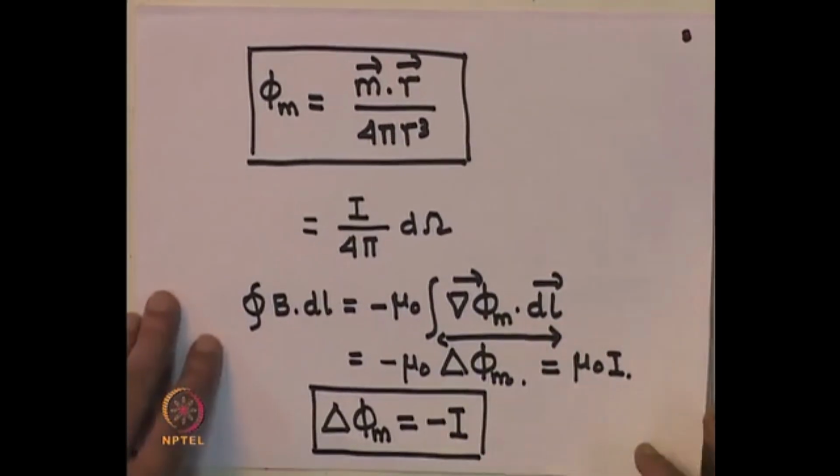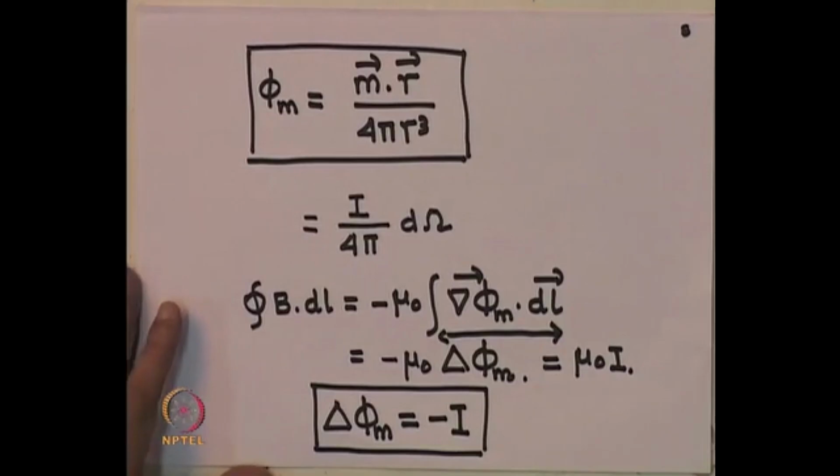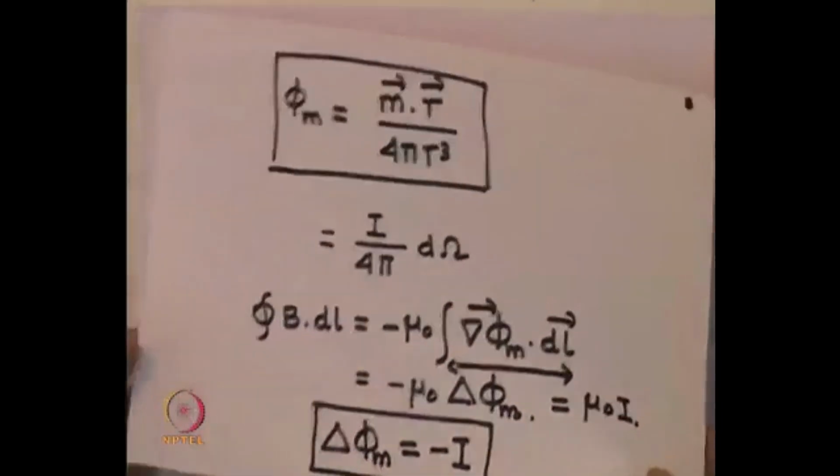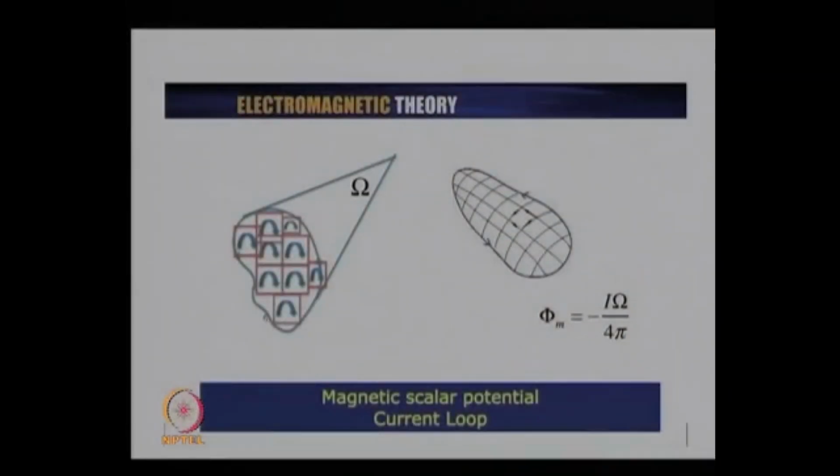Now, let us look at this then. What we have done is this, that here I have an arbitrary current loop, and I am looking at what the scalar potential is at a point like this. So, firstly, let me take this loop, I have shown it here on this picture.